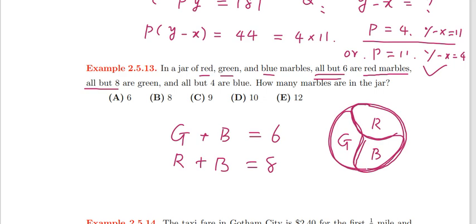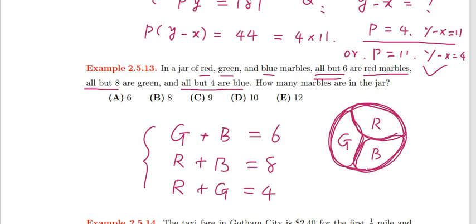And all but 4 are blue, so all but those, R plus G equals 4. So we get those equations.